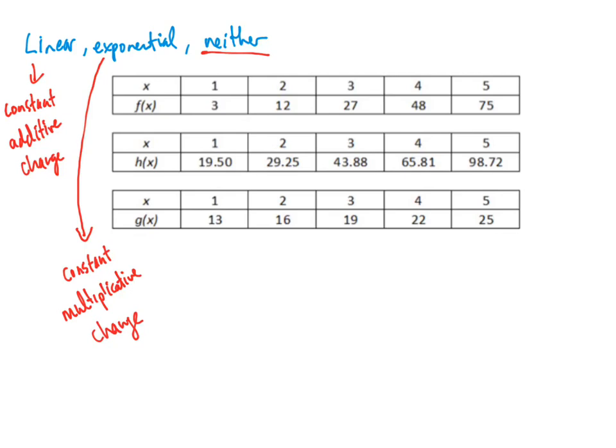So do any of the functions have the same amount that we're adding to each of the outputs? If we look at the g function, each step of the way we're adding 3. Okay, so we'd say that this function is linear.